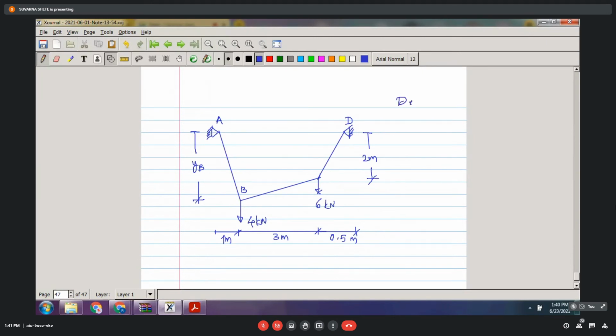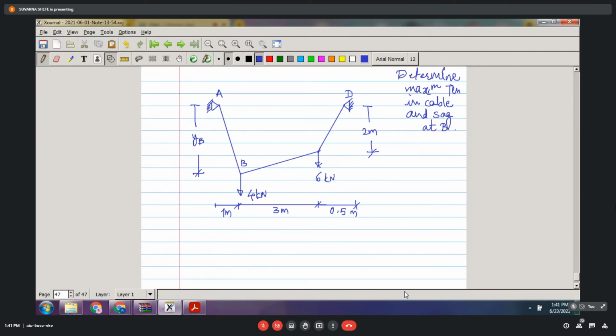Determine the maximum tension in the cable and the sag at point B. Did everyone understand the problem?